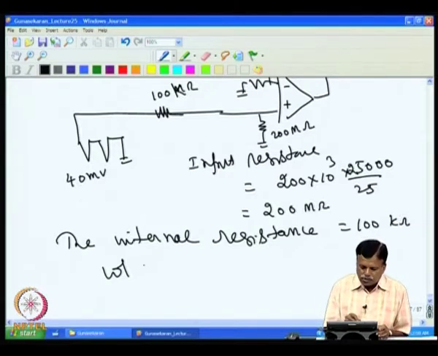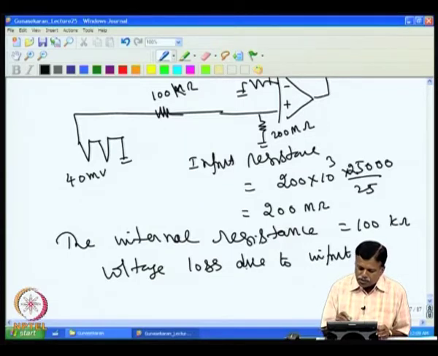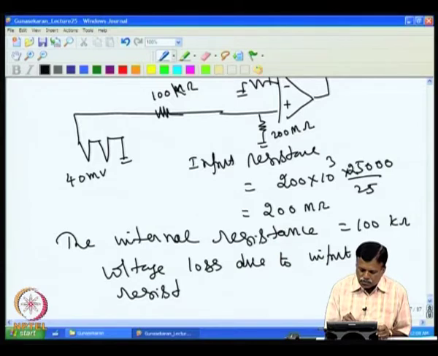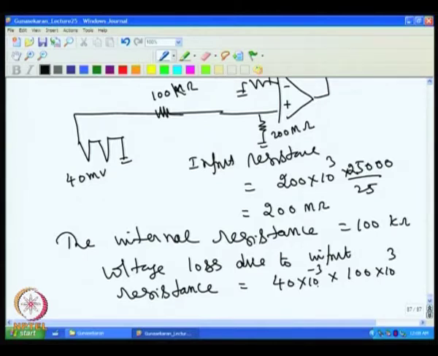So, the voltage loss due to internal input resistance would be 40 millivolt into 100 kilo ohms divided by 200 mega ohms.